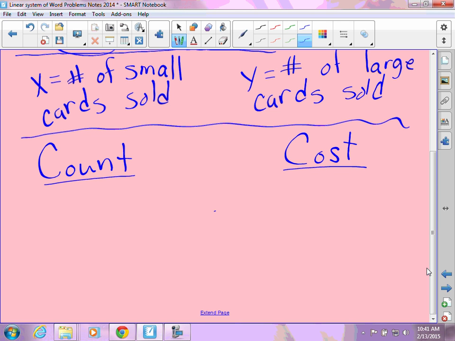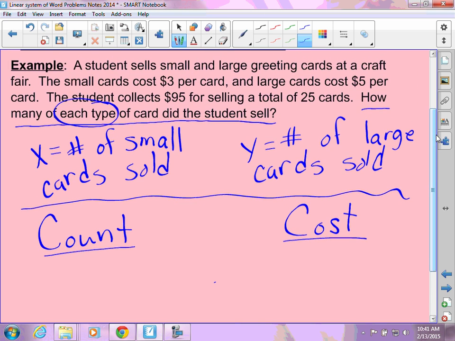So now let's talk about the count of cards, right? What do you think that equation is going to look like? Take a look at the problem. What do you think? Excellent. I've got 25 cards here. So I'm going to take the number of small cards and I'm going to add the number of large cards, and that's going to give me 25 cards.